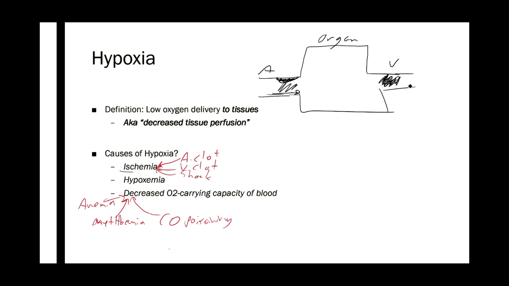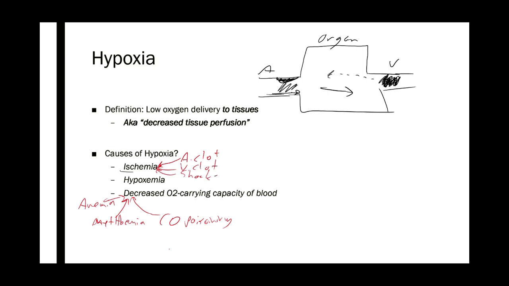The mechanism is that if you're blocking the venous side, you're preventing fresh blood from flowing into the organ, because there's going to be a backflow. This blood can't get out, so you're not able to bring fresh oxygenated blood into the organ.